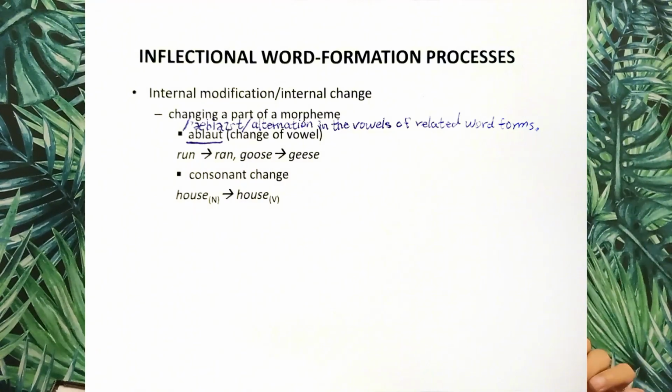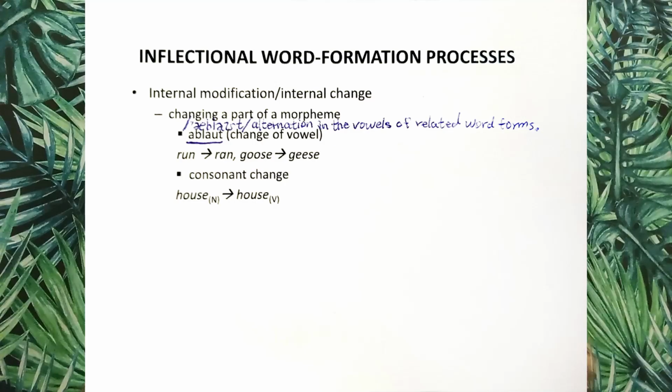So what's the difference? The difference is that there's a consonant s in the noun form of house and the consonant z in the verb form of house, right?